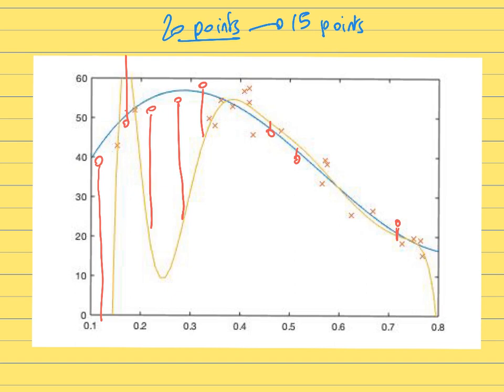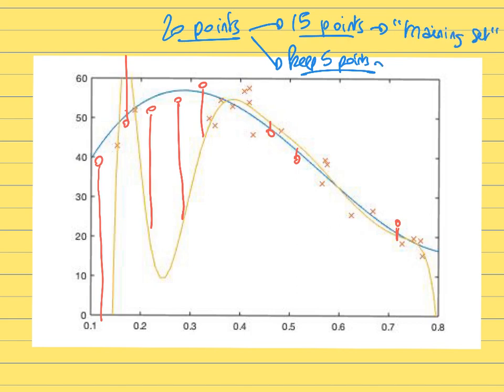We are going to train the model based on only 15 points, and we are going to keep those 5 data points until the very end. So those 15 points, this is what we are going to call the training set.